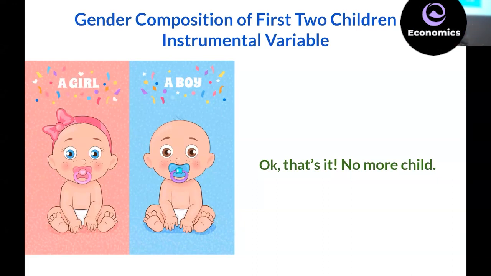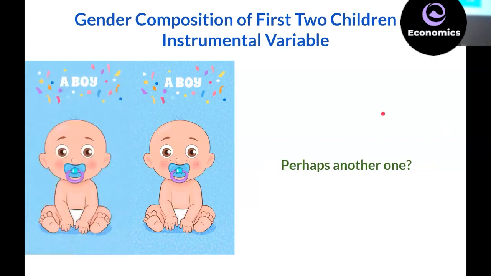Not all parents, but a large enough share of parents would say, okay, we have one boy and one girl. Here the order doesn't matter that much. And they say, okay, that's it, no more children. We got one boy and one girl.